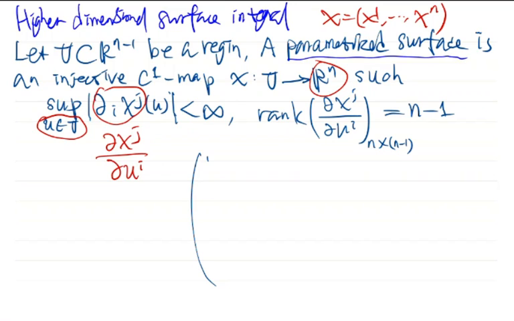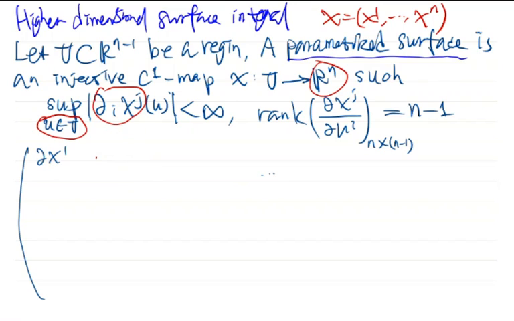I will write here ∂x1/∂u1, ∂x1/∂u2, up to ∂x1/∂u(n-1), because u is n-1 dimensional and only has n-1 components.